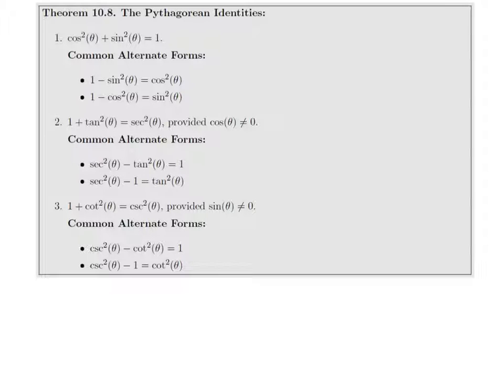This book suggests that you memorize all 9 of these forms, the Pythagorean identities. First off, let me just go back to a really basic picture. A right triangle with theta, x, y, r.